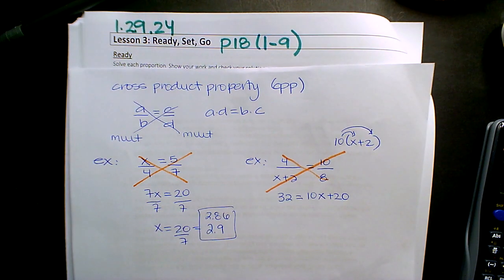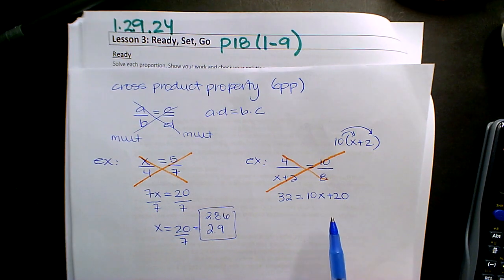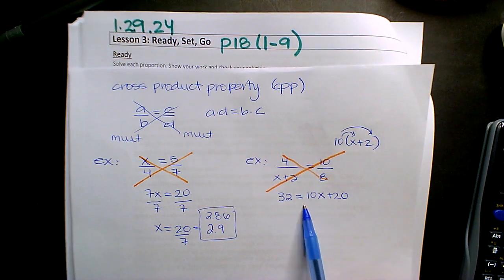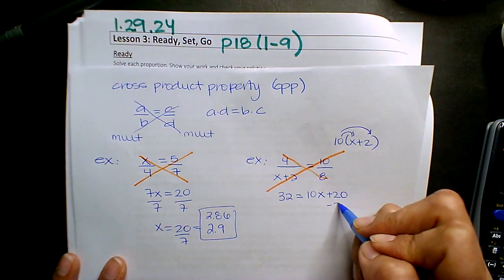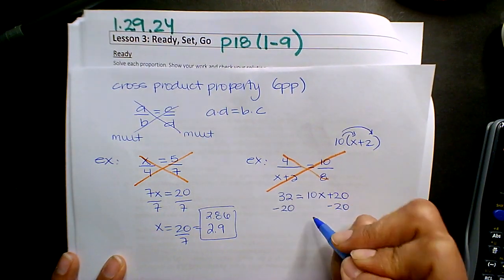So what's my next step? What do I do, Harlan? I already did that or that. Keon, what do I do? What did I say? Subtract 20. And so, right?